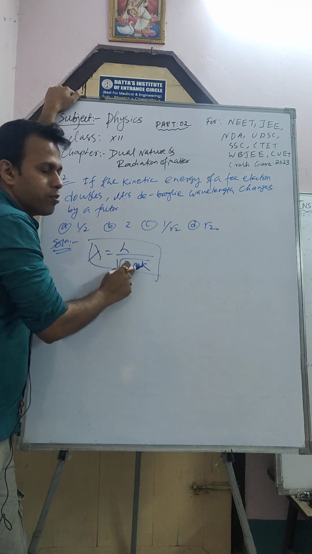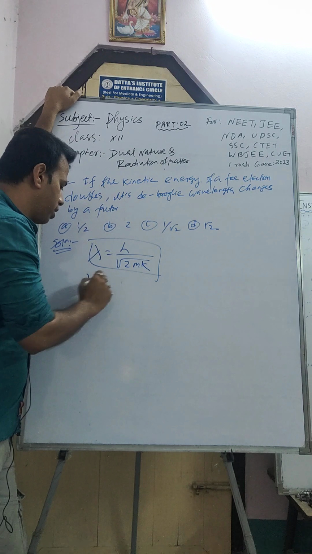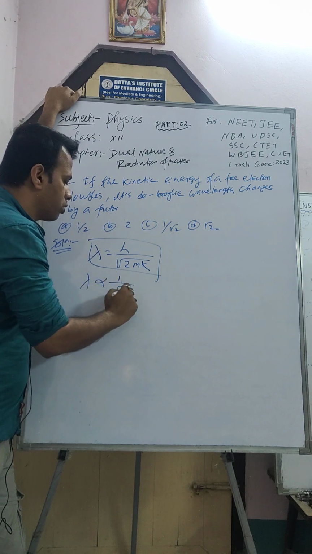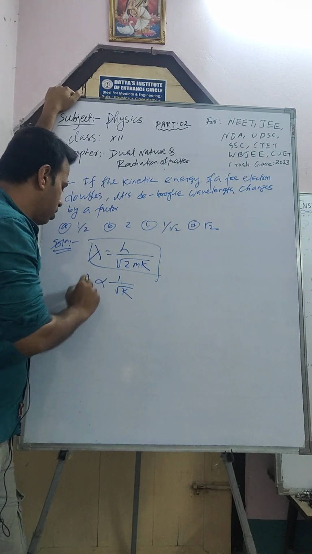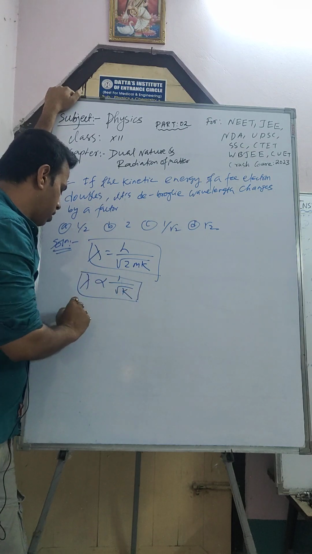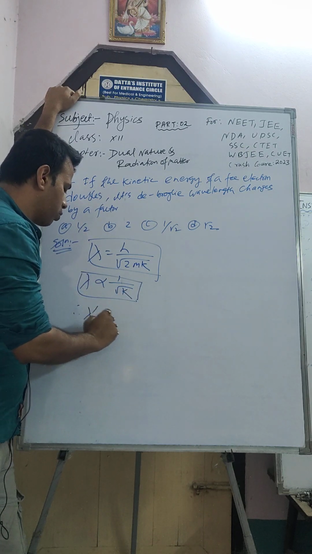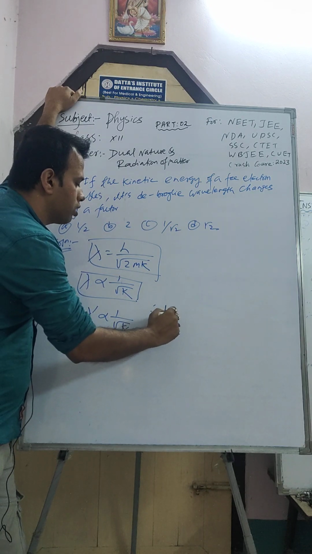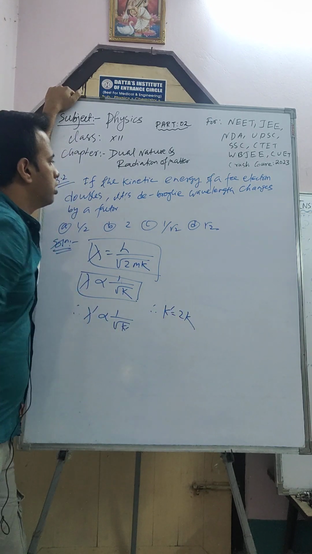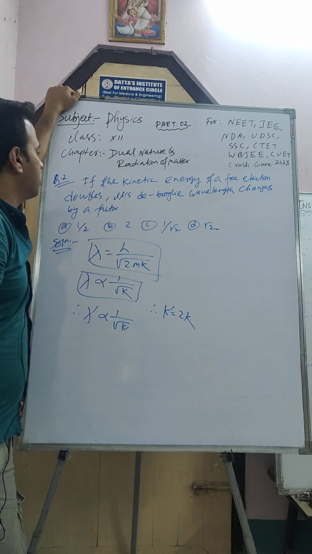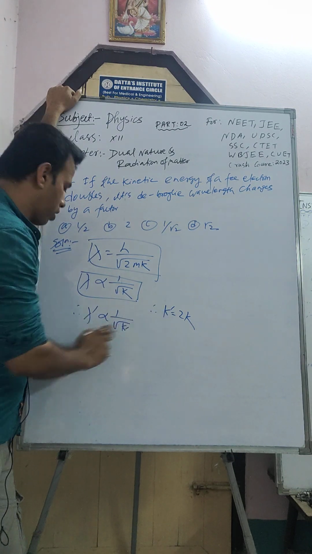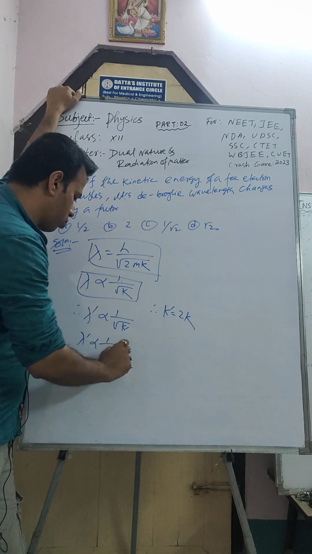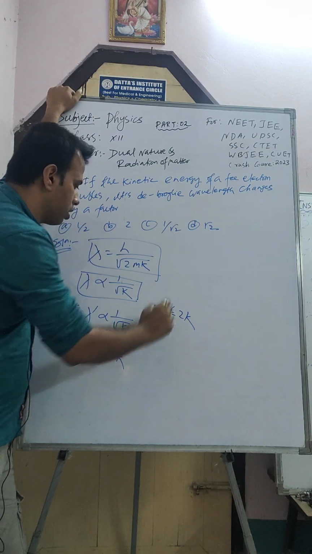So h and m are constant, so we can write lambda is proportional to root over K. In the first case, okay, therefore lambda dash is proportional to root over K dash. They gave K dash as 2K. So the energy of an electron is doubled, so K dash is 2K. So lambda dash is proportional to root over 2K.